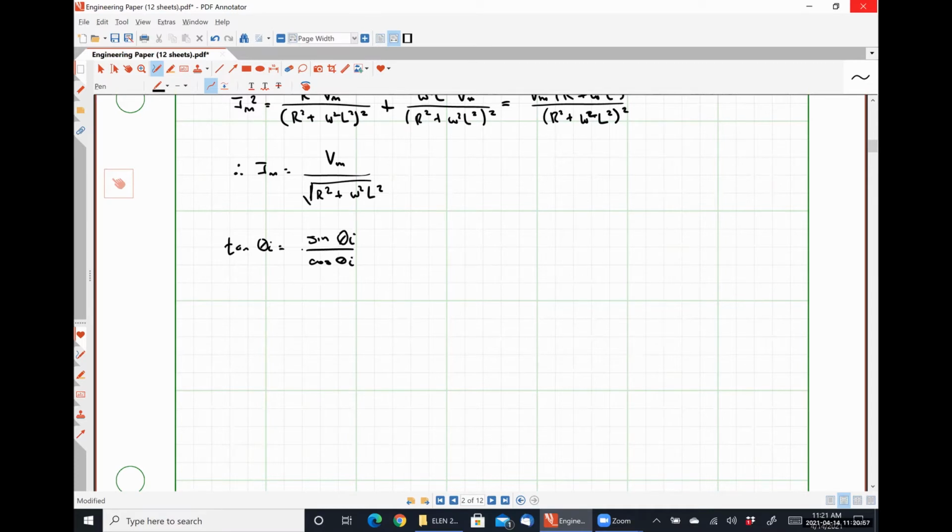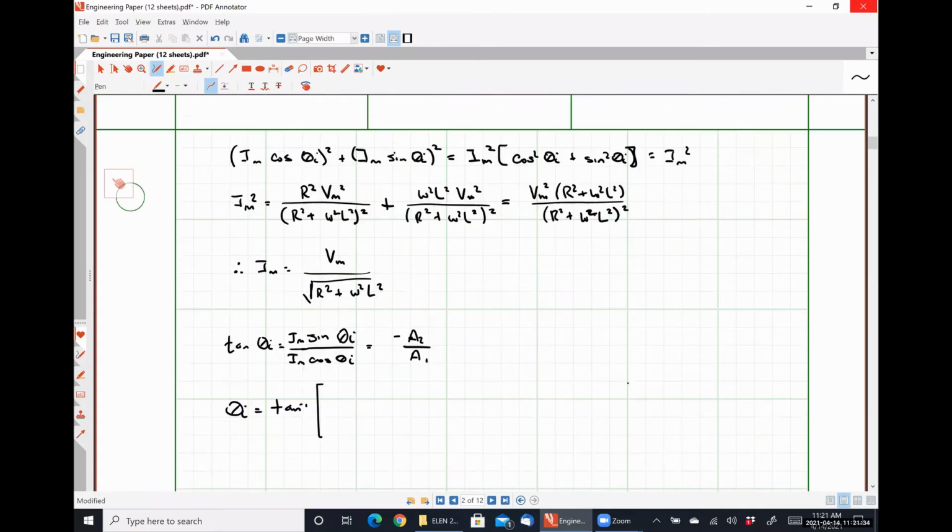Does it harm anything if I have Im times sine theta I over Im times cosine theta I? No, right? Well, this is simply negative A2 divided by A1, which means theta I is equal to the arctangent of negative A2.